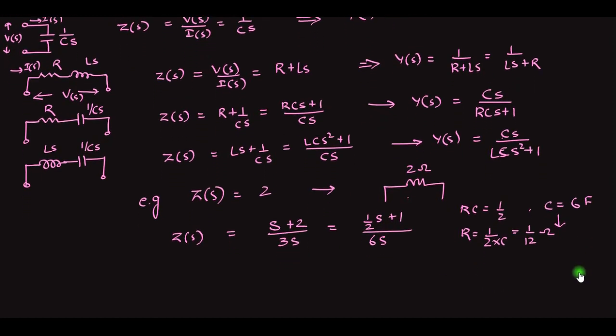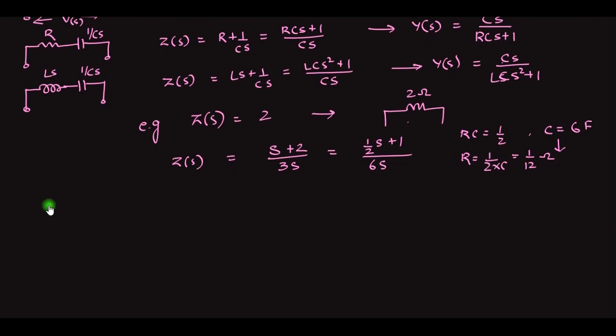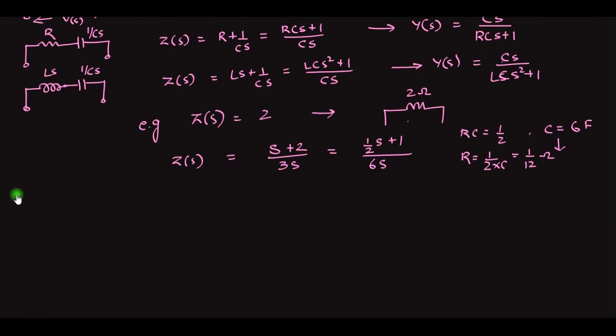Let us continue our discussion with some more calculation of network functions for possible networks. Say we have a network where we have a series combination of R, L and C, and let us find out how its network function would look. Here we have this R, we have this Ls, and we have this 1 by Cs. So its network function Zs would be the series combination of all these: R plus Ls plus 1 by Cs.